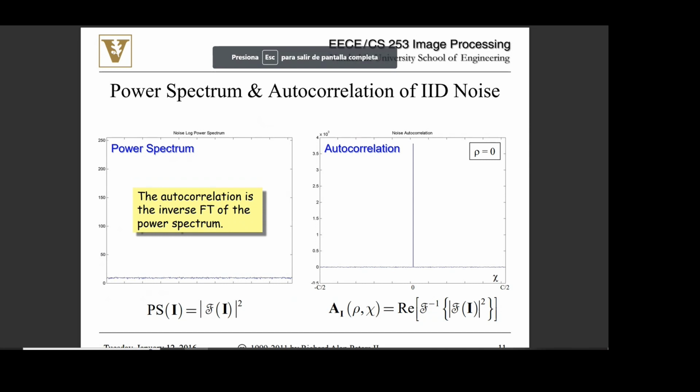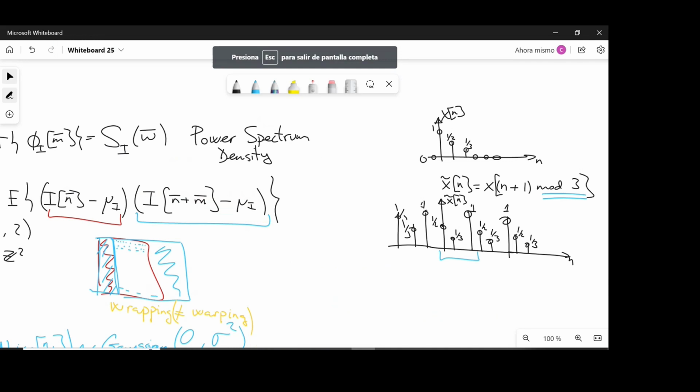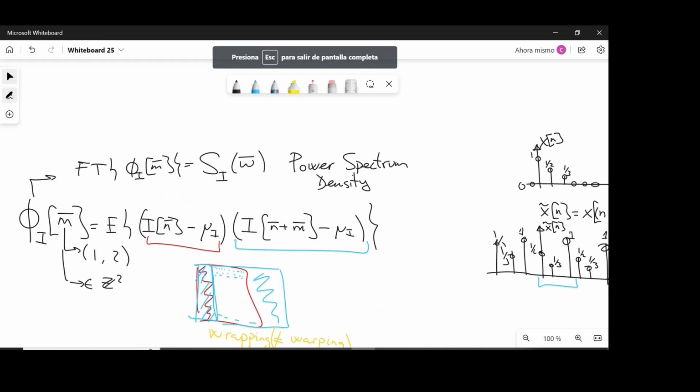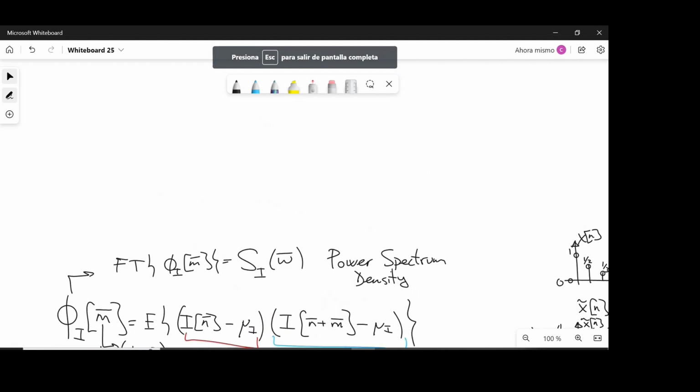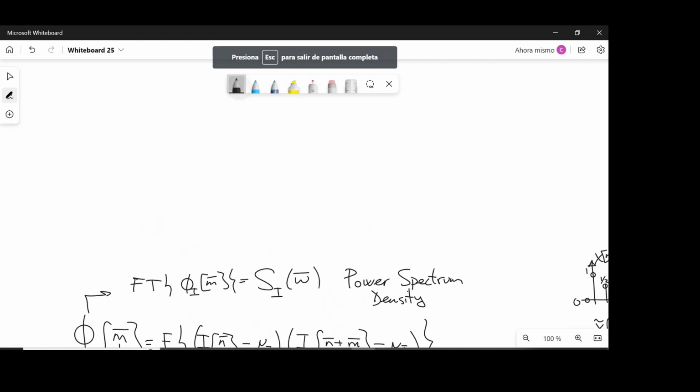But we can see that the autocorrelation is the inverse Fourier transform of the power spectrum, and in the whiteboard you wrote that it was the power spectrum without the inverse. Yeah. So let's put it here. So we have autocorrelation, and I dropped the arguments.